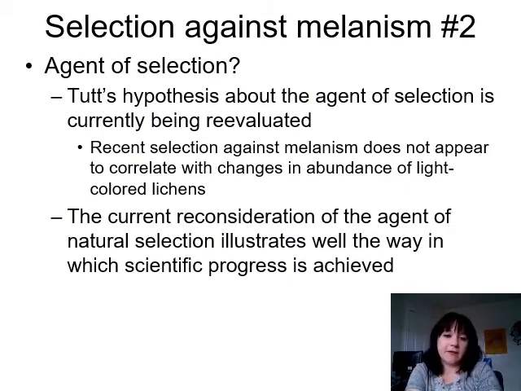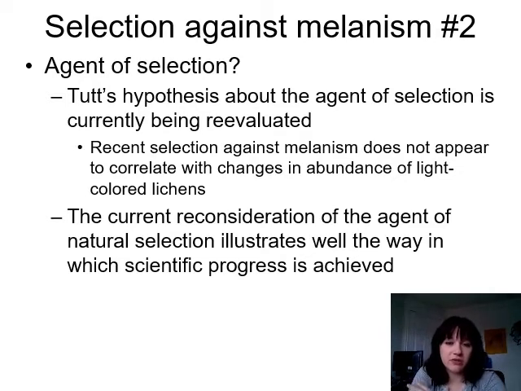So even though there is a very obvious connection between levels of pollution, the colors of these trees, and the colors of the moths, more research has been done on this topic, and it has been shown that the agent causing this change is not necessarily predation.